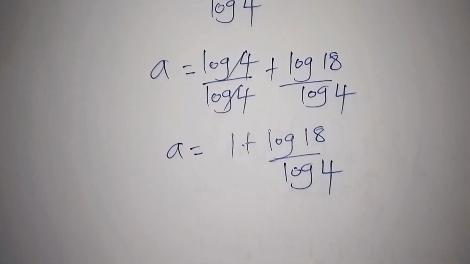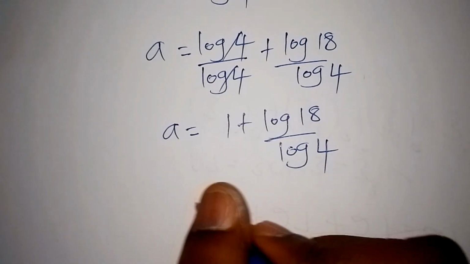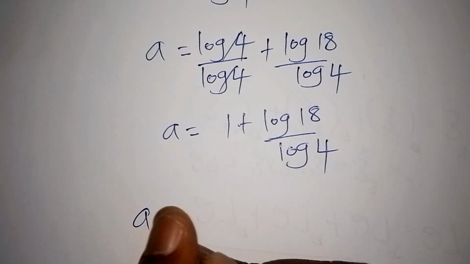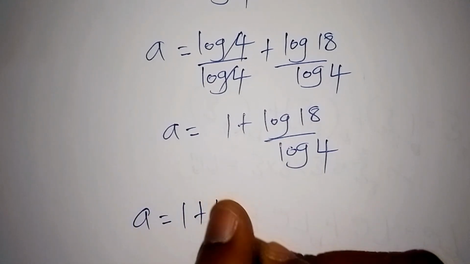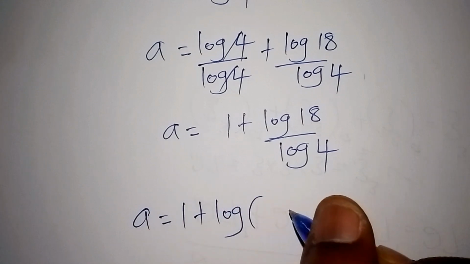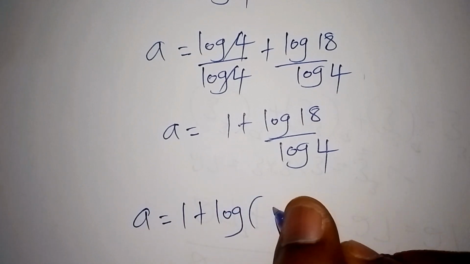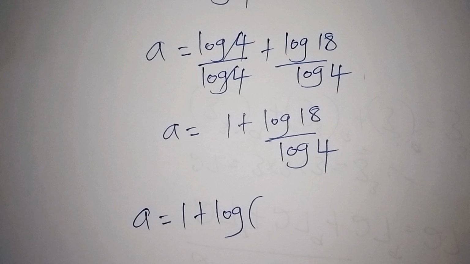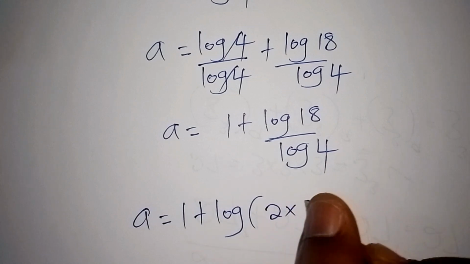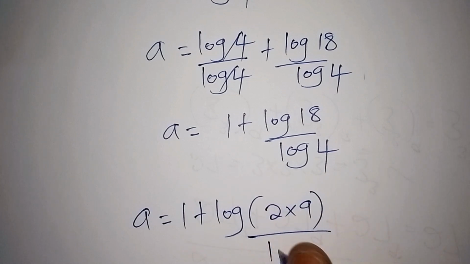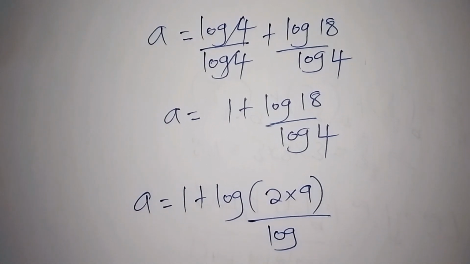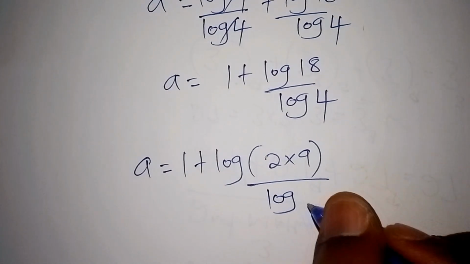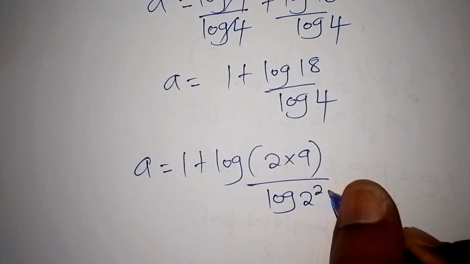So we can still factorize the log of 18 by saying that our value for a is equal to 1 plus the log of 18, which can be written as the log of 2 multiplied by 9, all over the log of 4. So the log of 4 can also be expressed as the log of 2 to the power of 2.